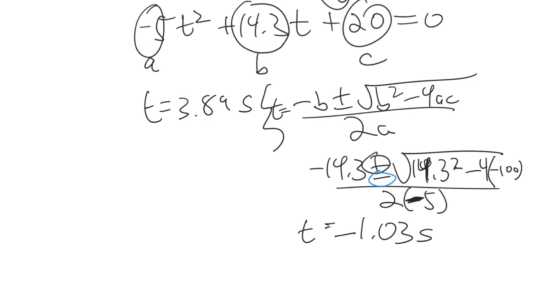So 24.586 plus 14.3. That's really negative.